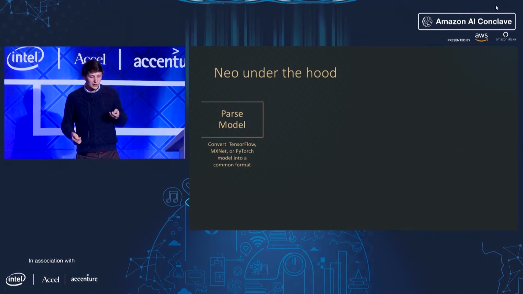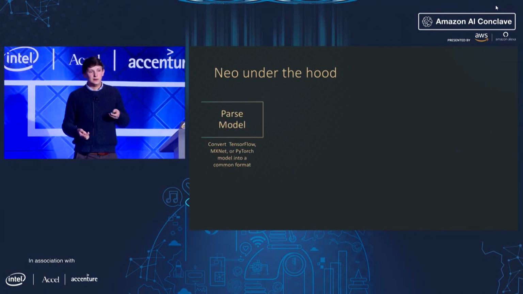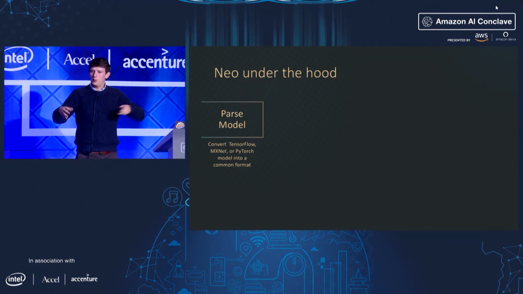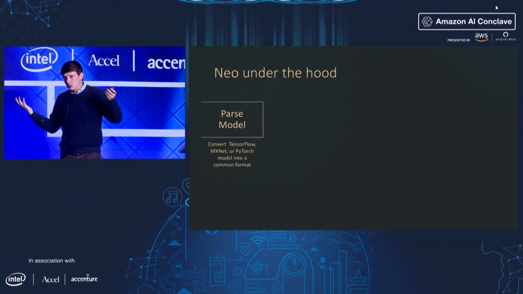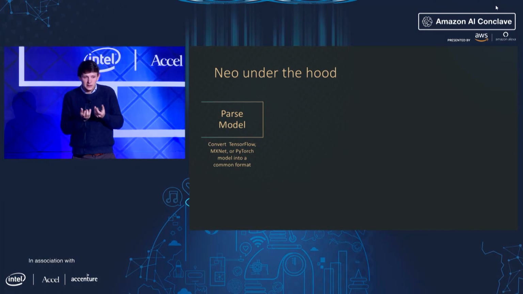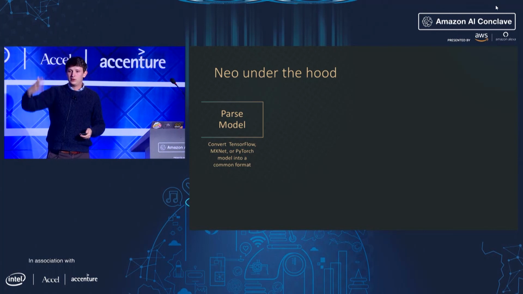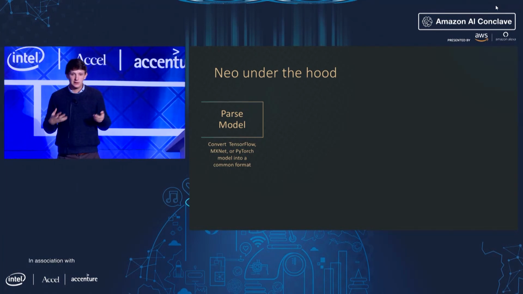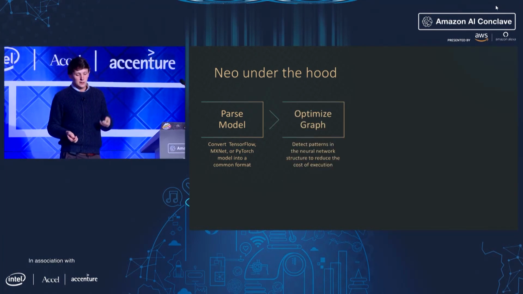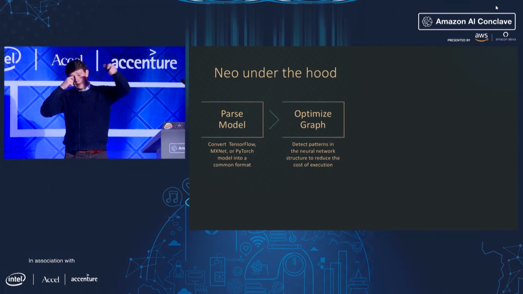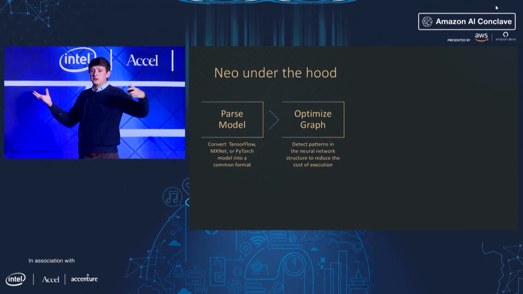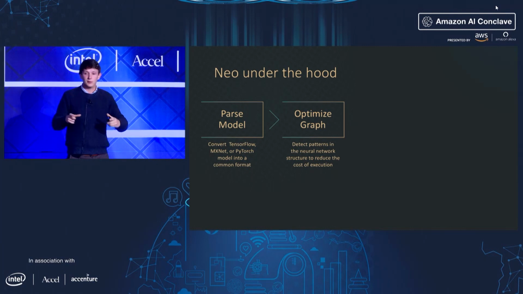So under the hood, how does it work? In deep learning, probably a lot of you are familiar with it, what it really is is just a computational graph, right? You have some input, lots of operations, you get an output. So that's this graph that you can optimize. First, TensorFlow, MXNet, ONNX, they all get converted into this unified graph representation.